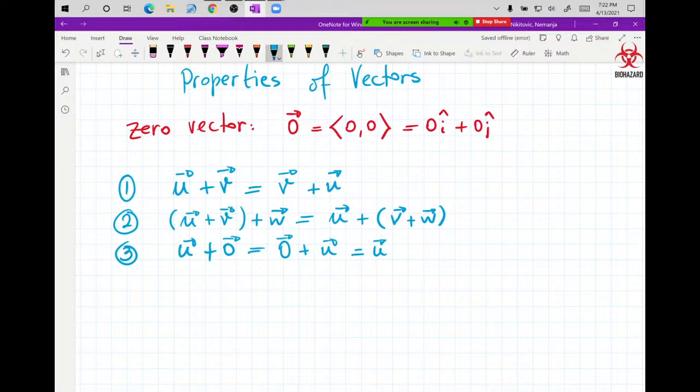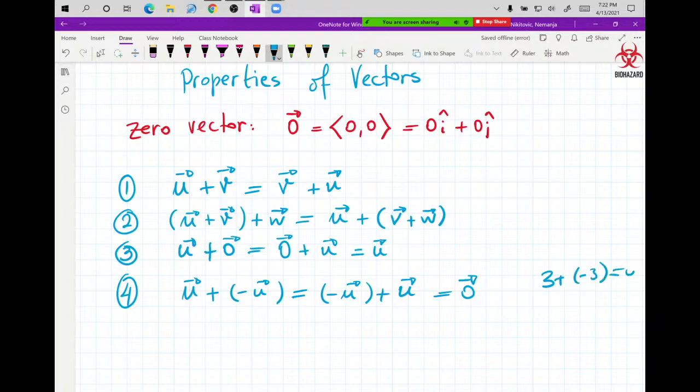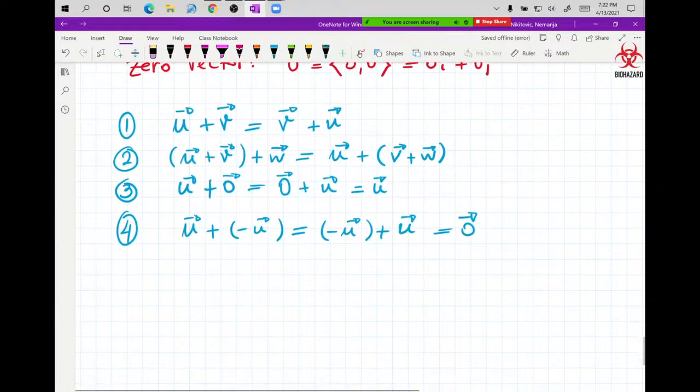Again, nothing shocking. And then if you add the vector to its opposite, they add to 0. Well, that should be common sense too, right? Because 3 plus negative 3 is 0. So it works for vectors too. Why wouldn't it?